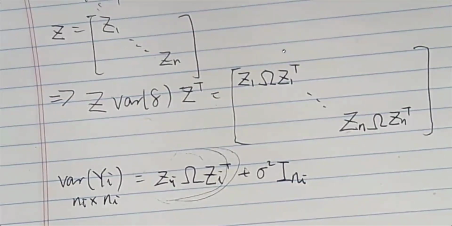Then there's one more thing I hope to introduce, which is about the MLE. We said that we need to estimate the parameters beta, omega, and sigma squared. How do we do that? Basically, we use the likelihood.